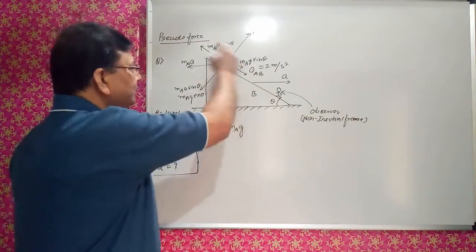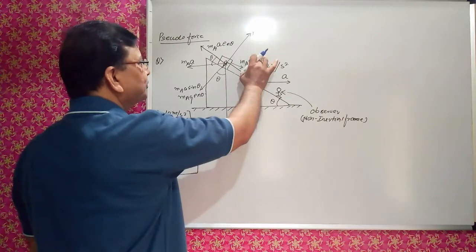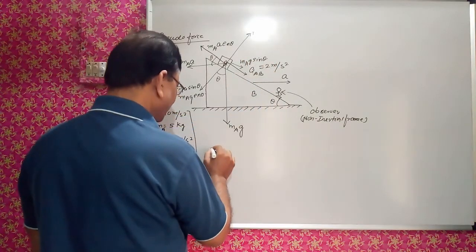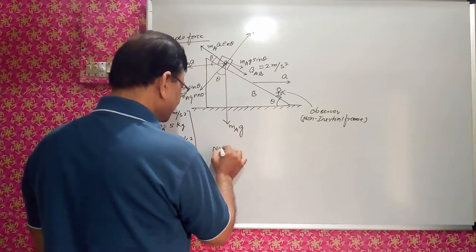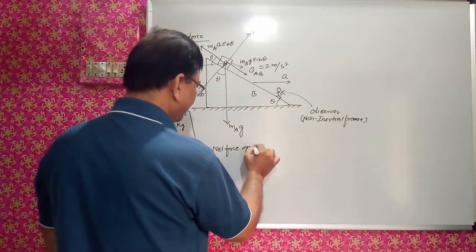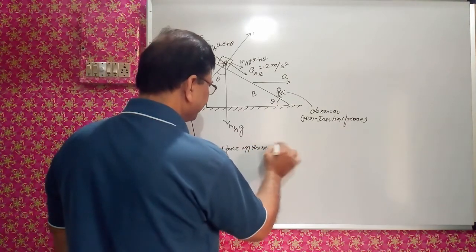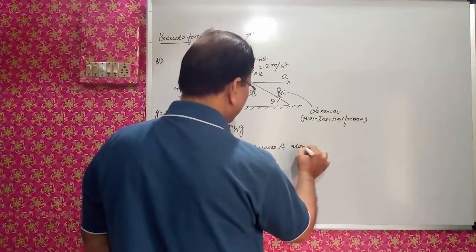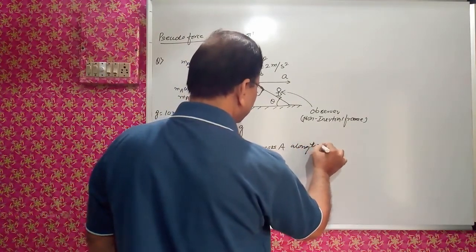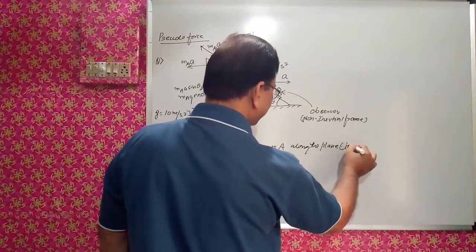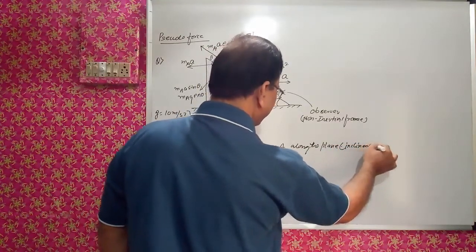So the net force will cause this acceleration. So how much is the net force? mAg sin theta. Therefore, the net force on the mass A along the inclined plane, right?